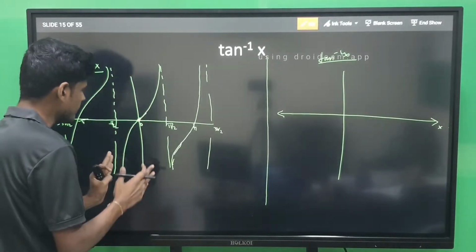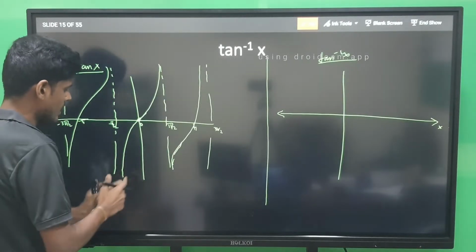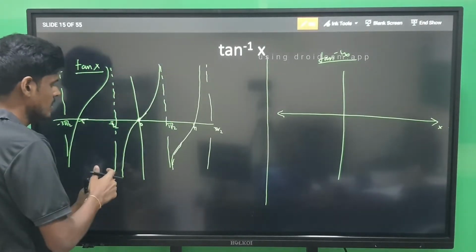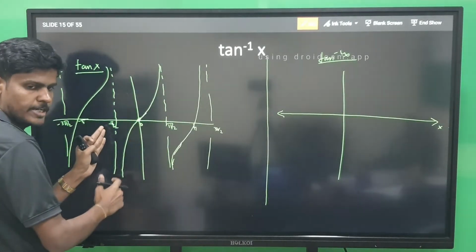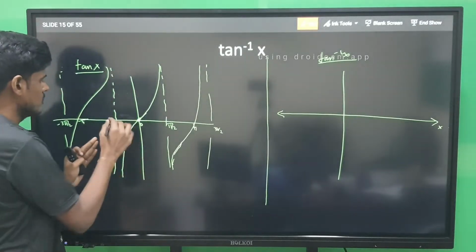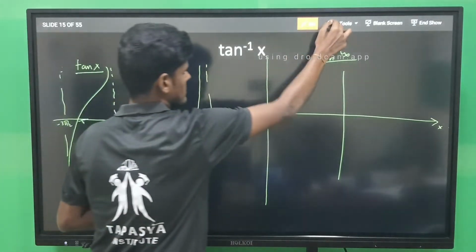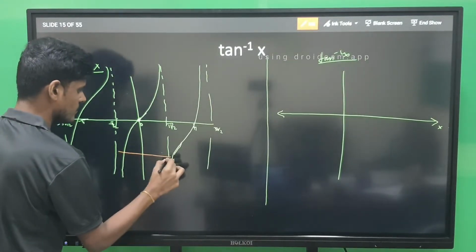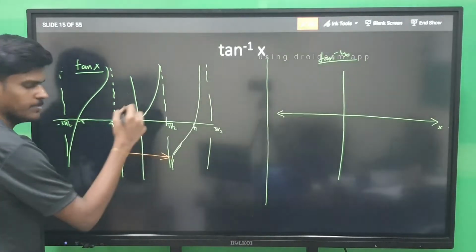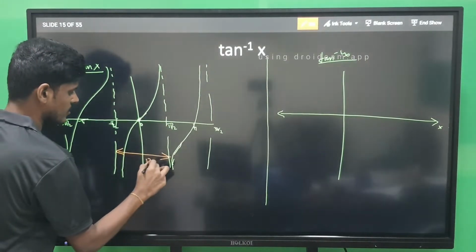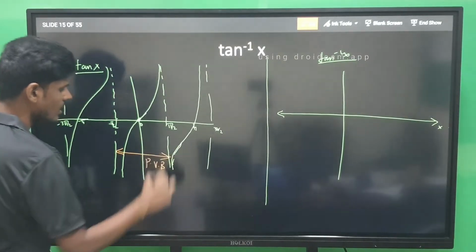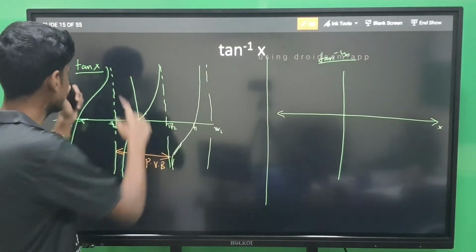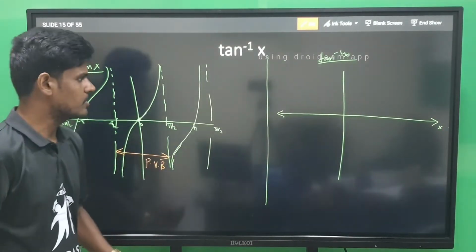So this is between minus pi by 2 and pi by 2, and this value lies between minus infinity and infinity. So we will take this branch, minus pi by 2 to pi by 2, as the principal value branch. So the principal value branch of tan x is between minus pi by 2 and pi by 2.